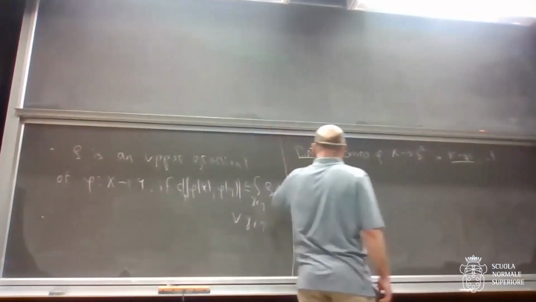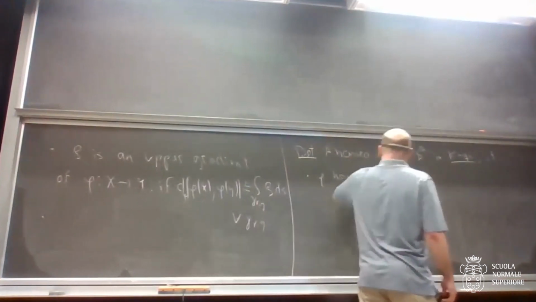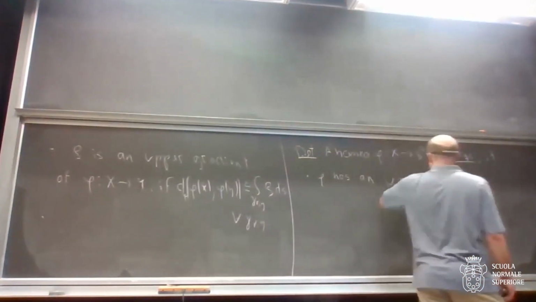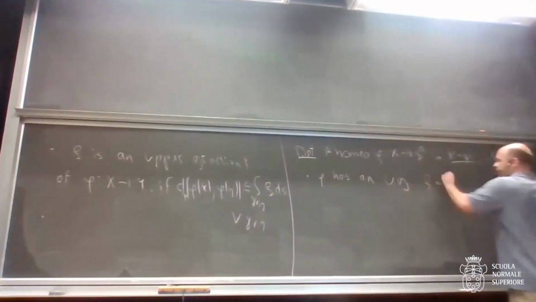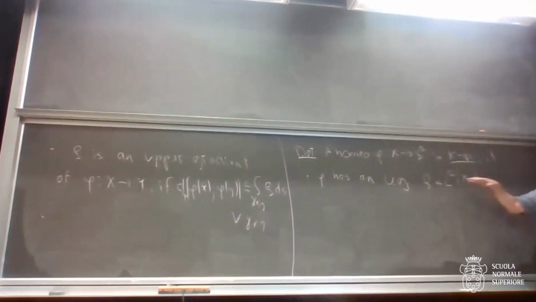First, phi has an upper gradient rho in L^2, this kind of Sobolev regularity.